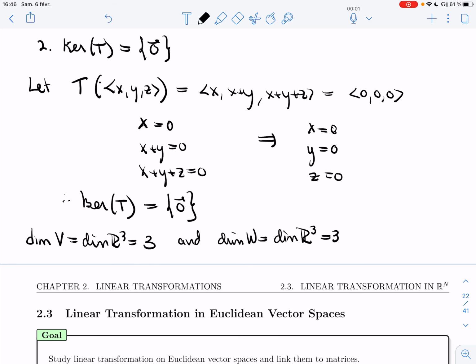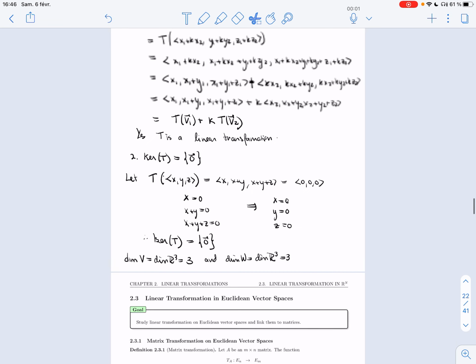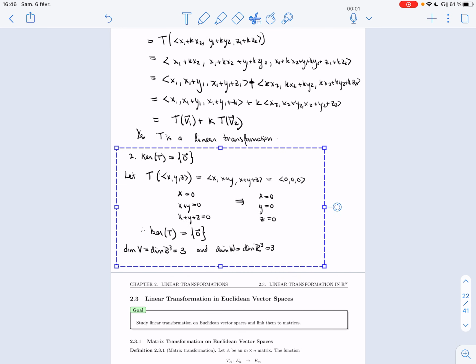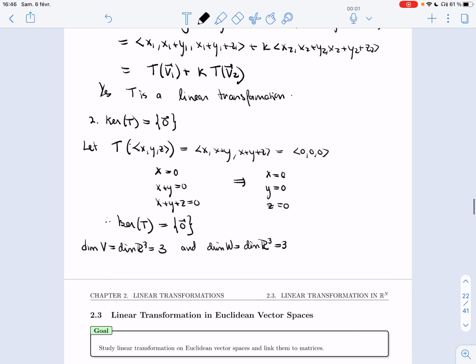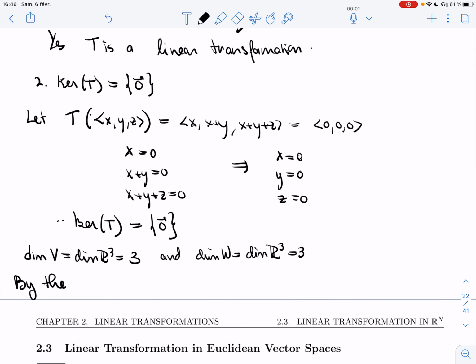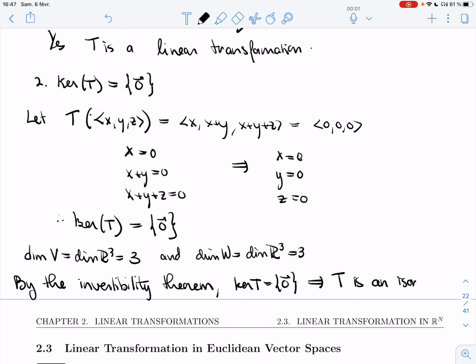It's 3. And so we can apply the theorem. By the invertibility theorem, kernel of T is 0 means T is an isomorphism.